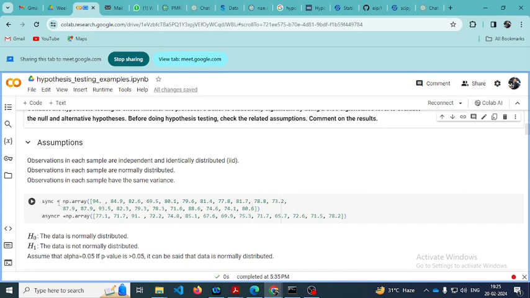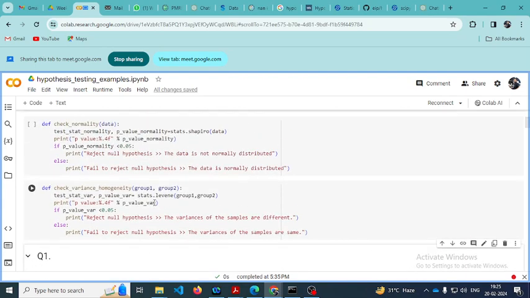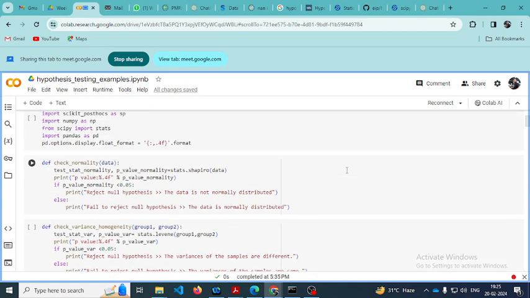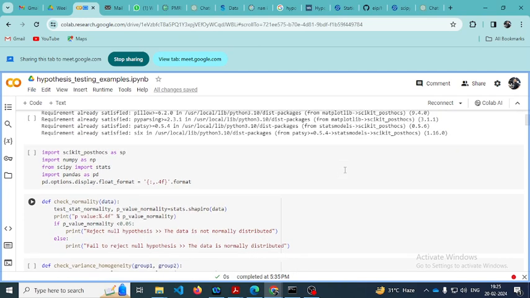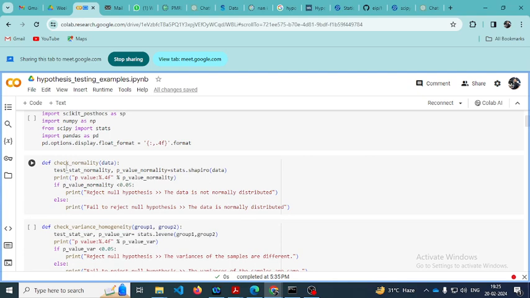We are going to have two variables, synchronous and asynchronous data. Then you are going to check your normality, so you take two functions. I hope you know the Python basics, how to define your function. With the help of def, you can implement this normality check.